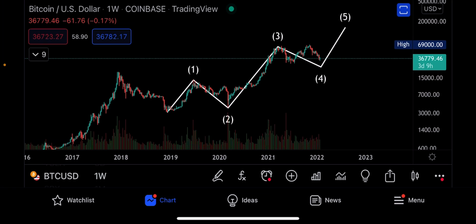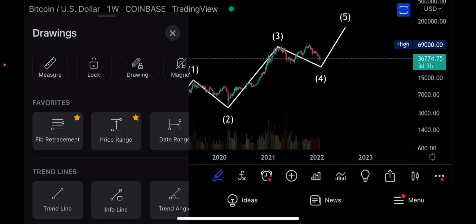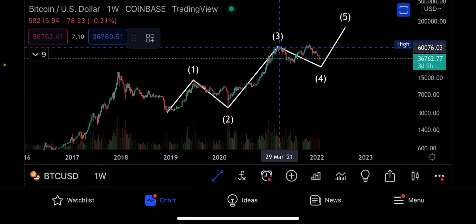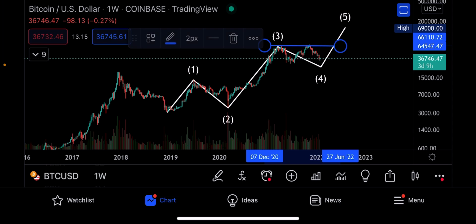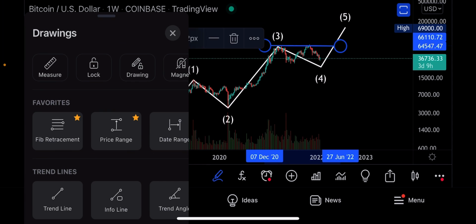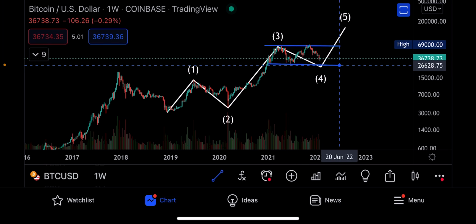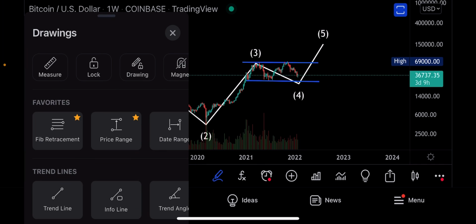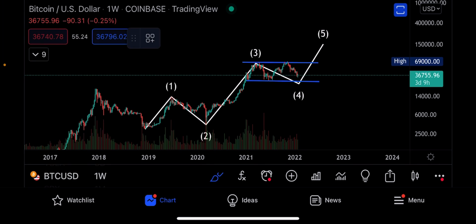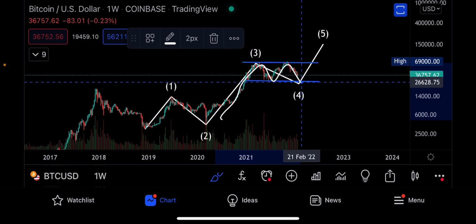But what I'm seeing on this chart is a possible, I think it's an expanded flat, or a running flat. It's one of those two. And what that basically is, when price comes up and we come up into this channel, this can be seen as a corrective wave, right?